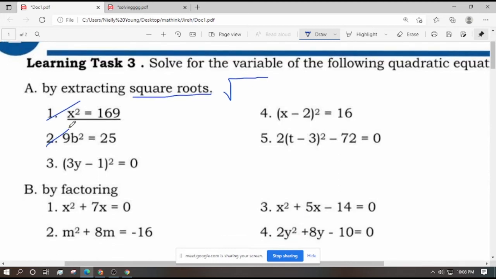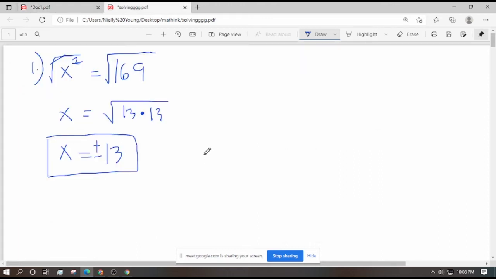9b squared is equals 25. For number 2, 9b squared equals 25. I want you to look at the coefficient of b squared. What is the coefficient? When we say coefficient, it is the number beside the letter.